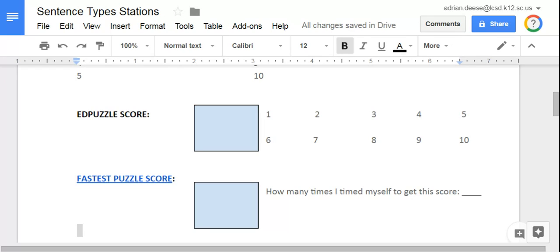Compound sentences have 2 independent clauses connected with a helper word, such as and, nor, or so. And finally, complex sentences really live up to their name. They have an independent clause plus 1 or more dependent clauses, which can't stand alone as complete thoughts. So they're connected via a helper word, such as although, when, or which. Now let's translate all this into English.